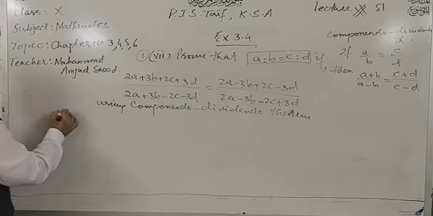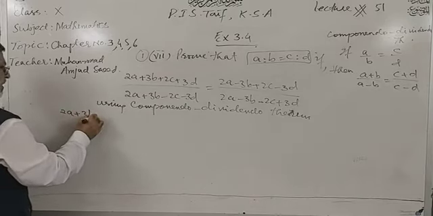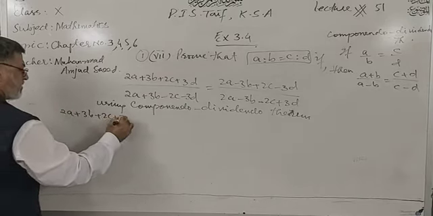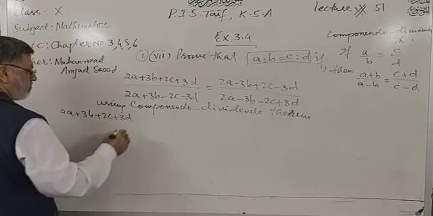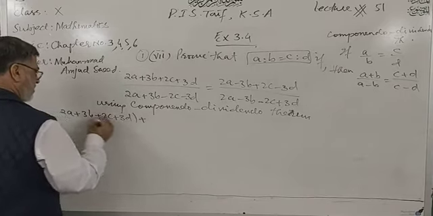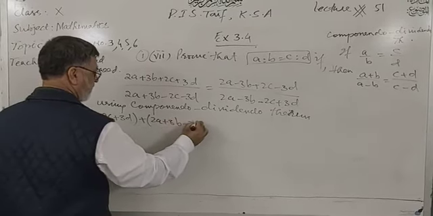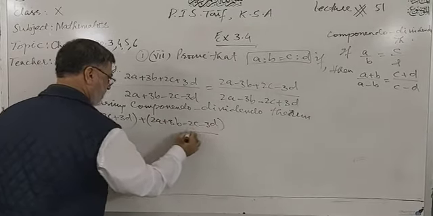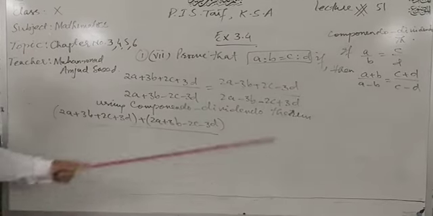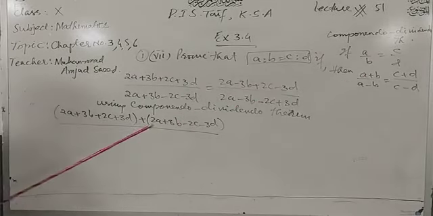We will have 2A plus 3B plus 2C plus 3D, then plus 2A plus 3B minus 2C minus 3D. This is addition and there is addition in the center.